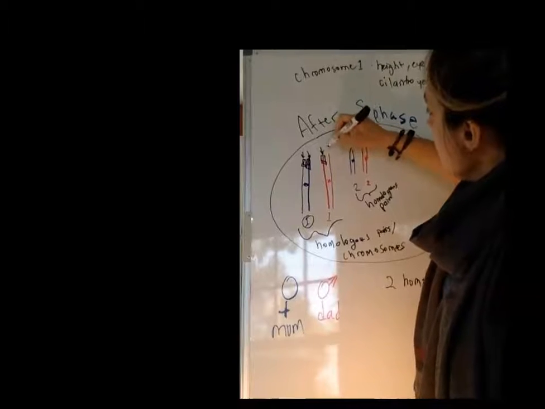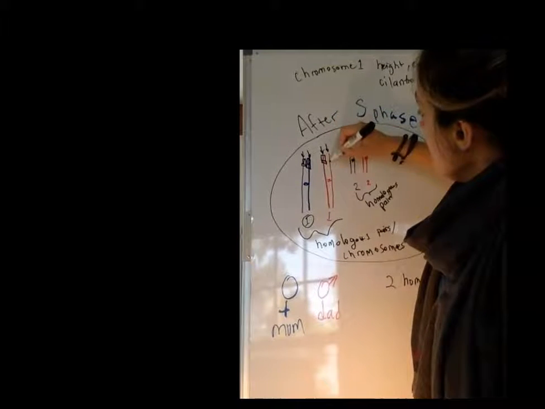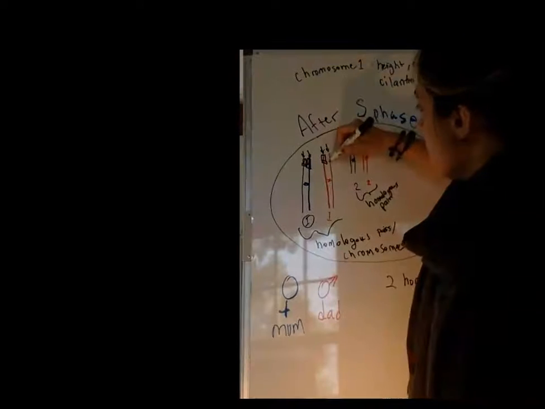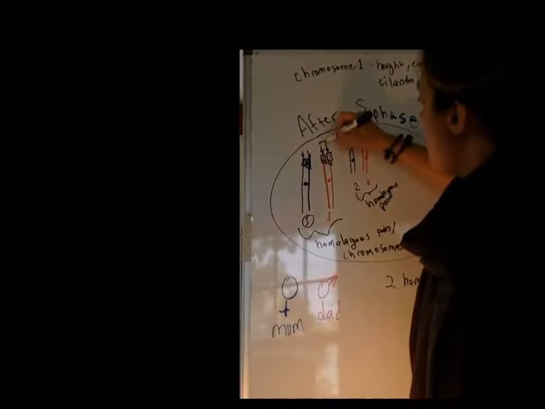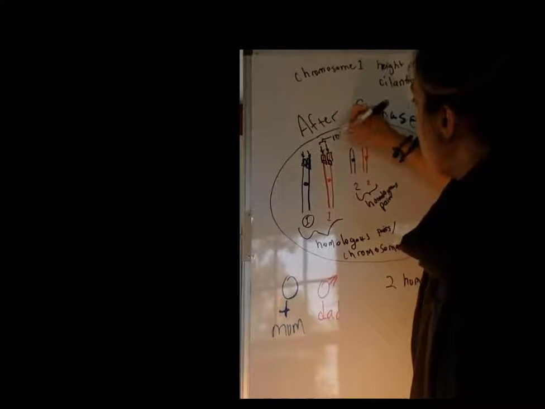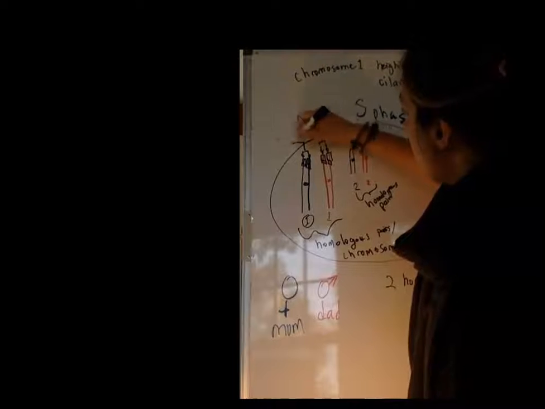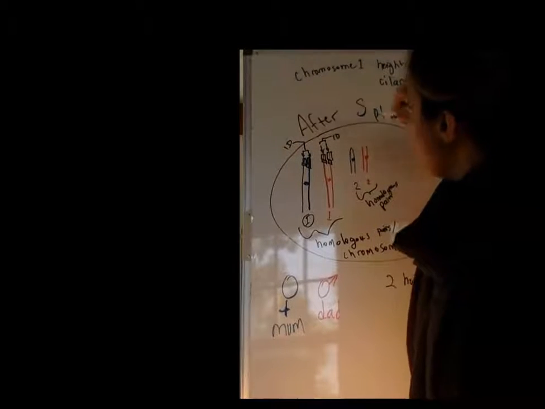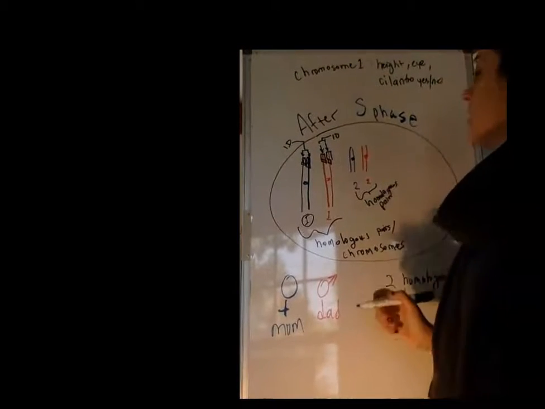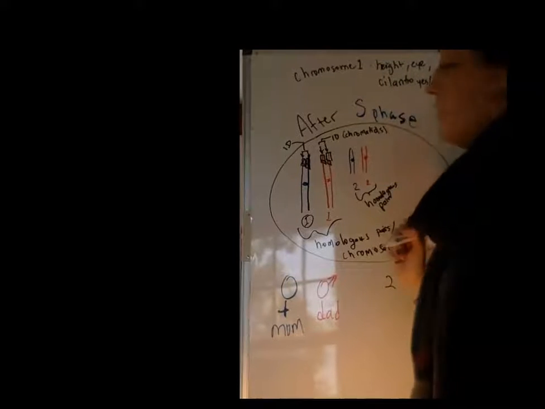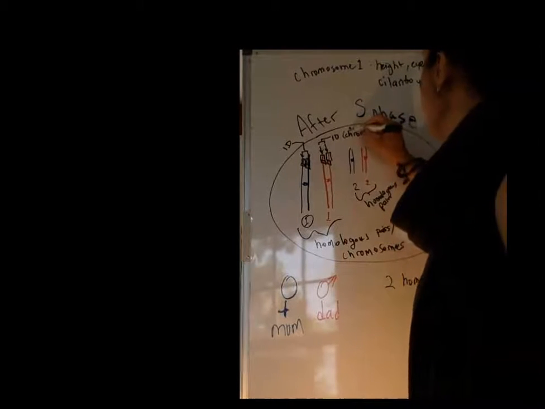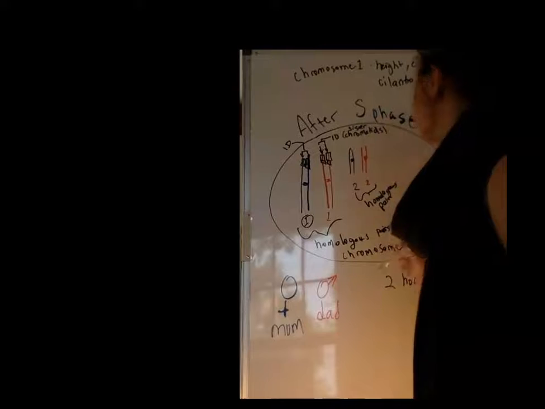The chromatid from dad and the other sister chromatid from dad are going to have identical DNA sequences. And so I'm just going to write ID here, and then similarly, ID here for mom, to signify that the chromatids are the same. And again, you could call them sister chromatids.